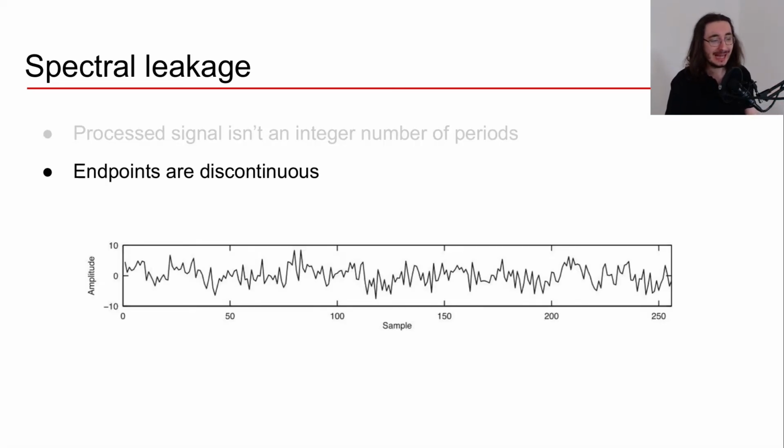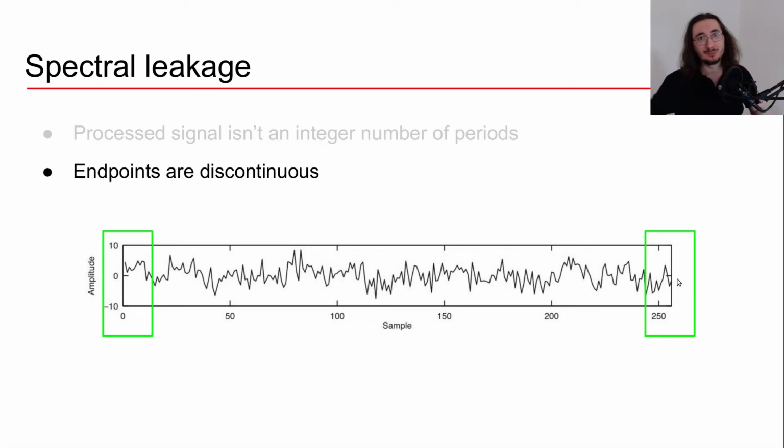So what usually happens is that the endpoints of a signal are discontinuous. In other words, these guys here are discontinuous because they're not an integer number of periods.